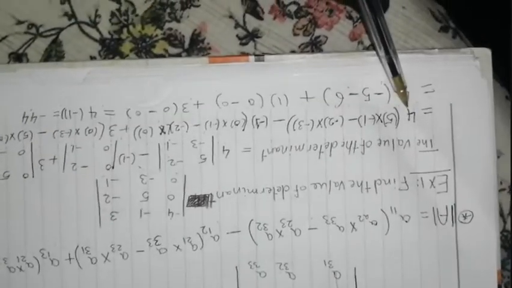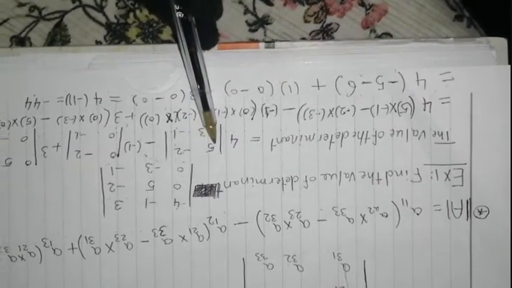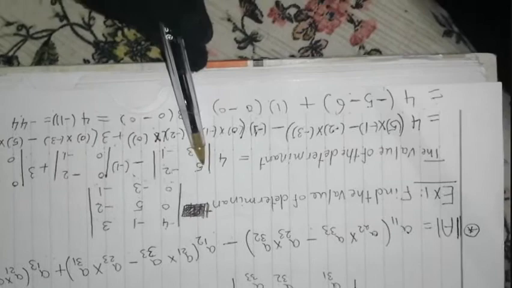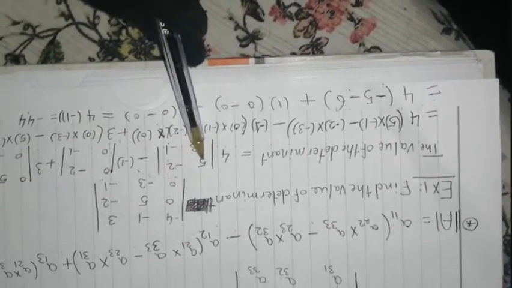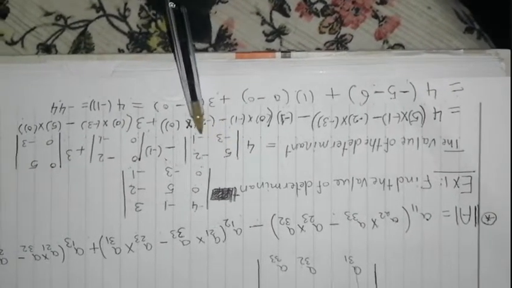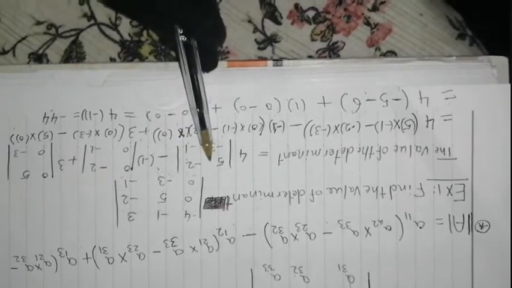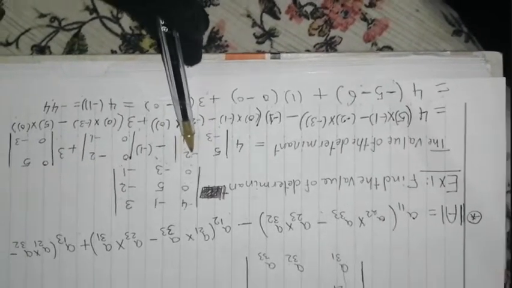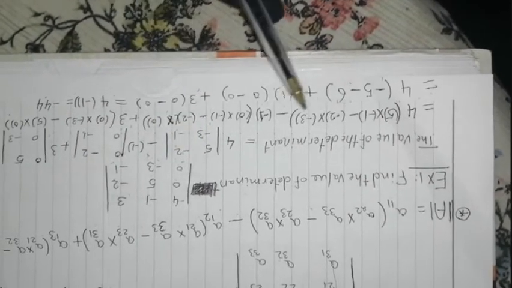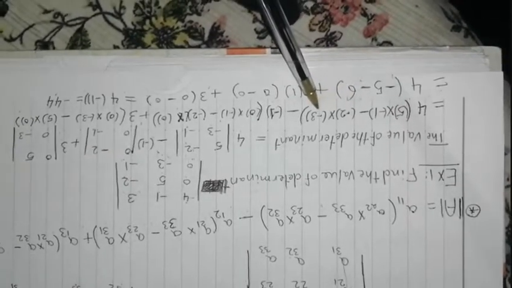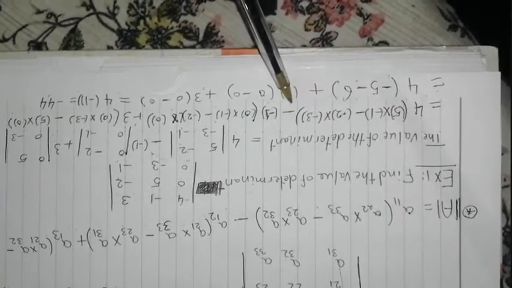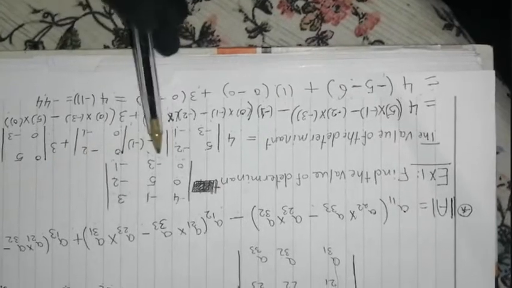Equals 4 times the product of the principal diagonal 5 times -1 minus the product of the other diagonal -2 times -3, minus -1.